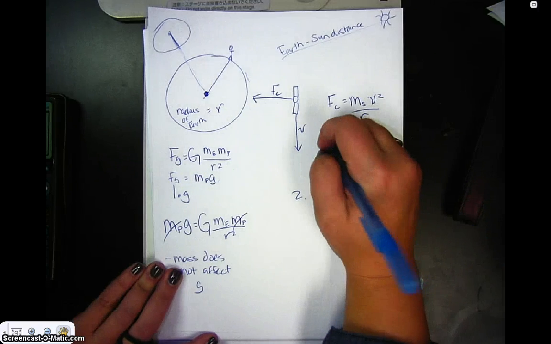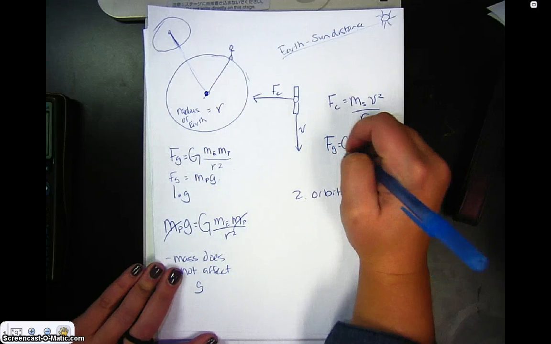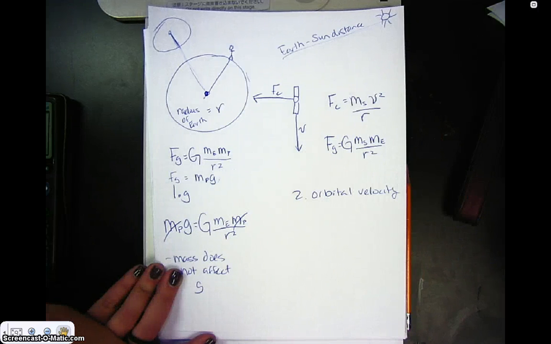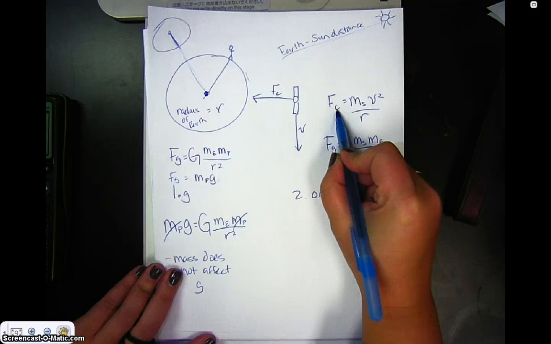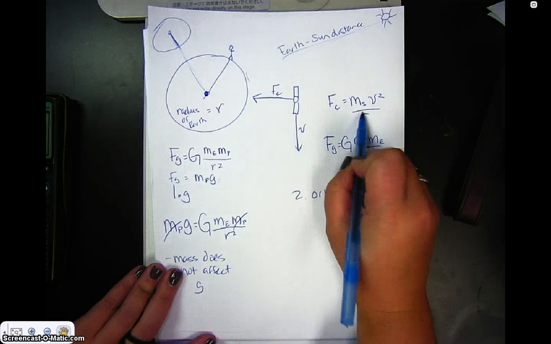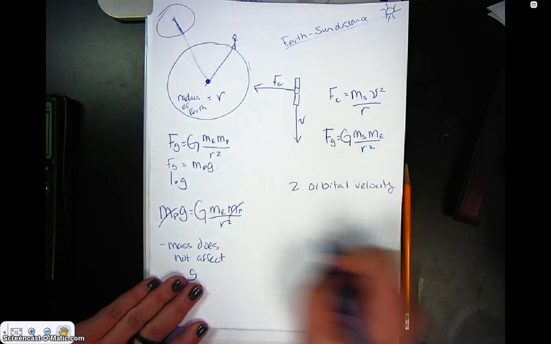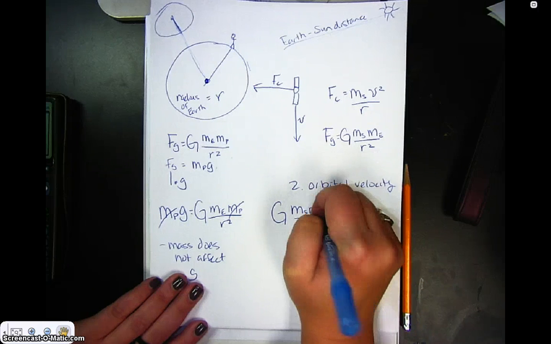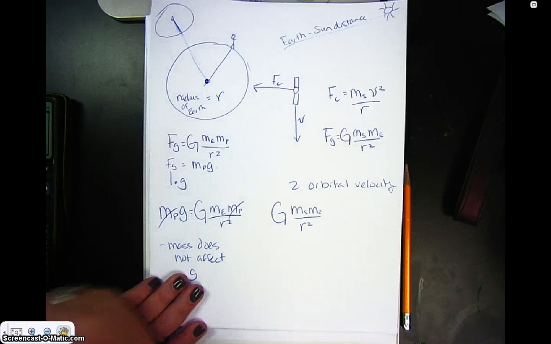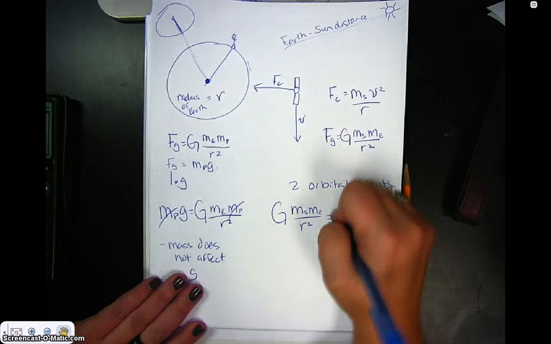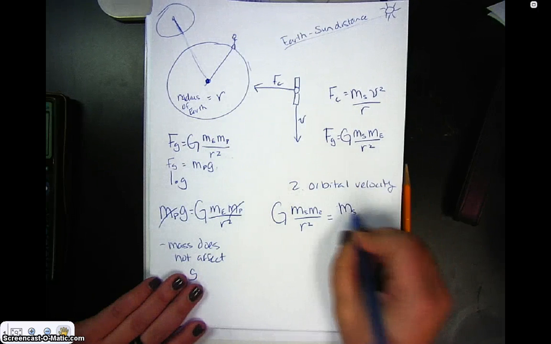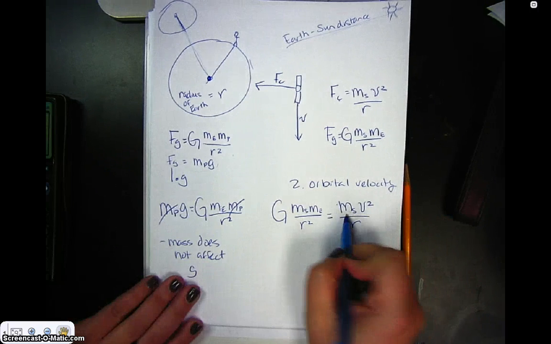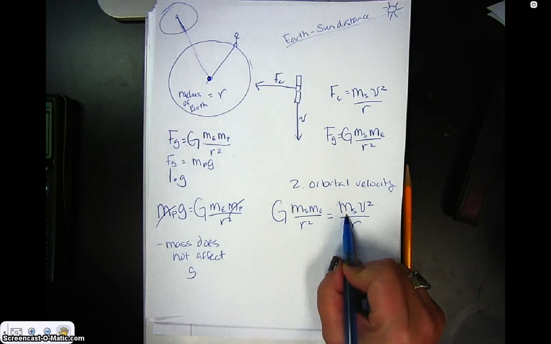And the force due to gravity between the satellite and the Earth is equivalent to that, and that Fg is actually what's causing this Fc. So we have the force due to gravity between the satellite and the Earth, all over r squared, equal to the centripetal force of the satellite moving at some velocity at some radius. And remember that this mass is always the mass of the thing that's turning.